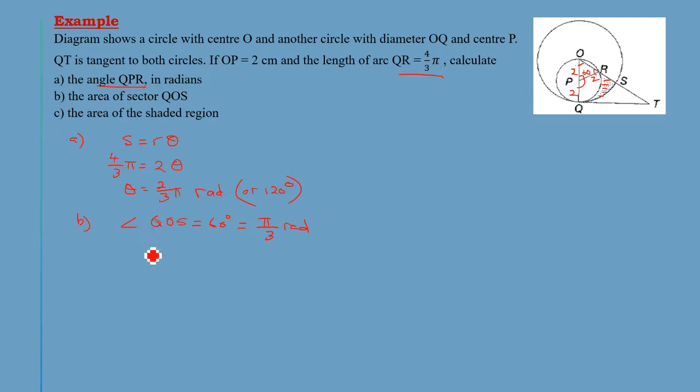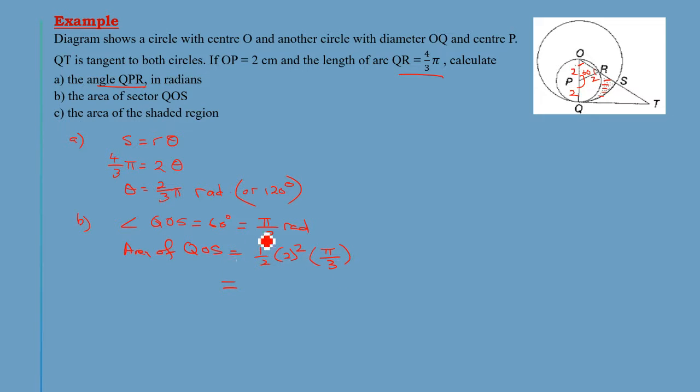So area of the sector QOS will be half r squared times pi/3.